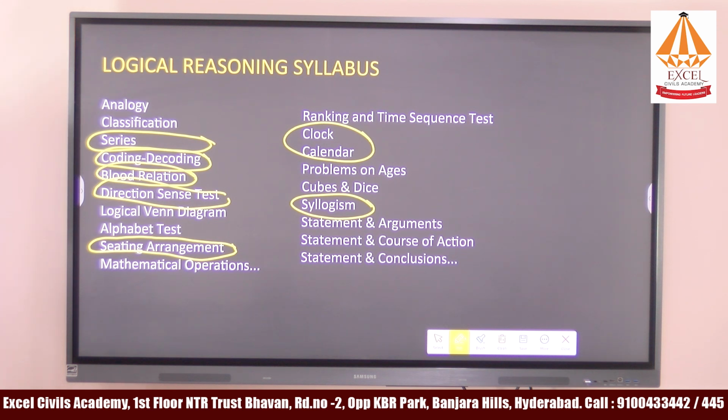Second one is classification. Third one is series. We have number series and letter series. Next, fourth one is coding and decoding. And next one is blood relation, most important topic. Next, direction test.